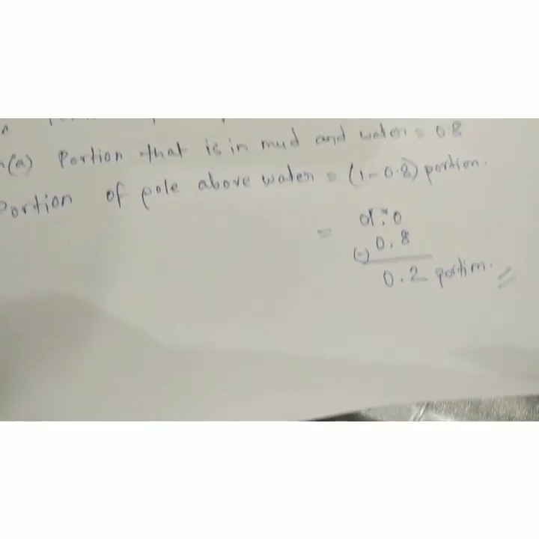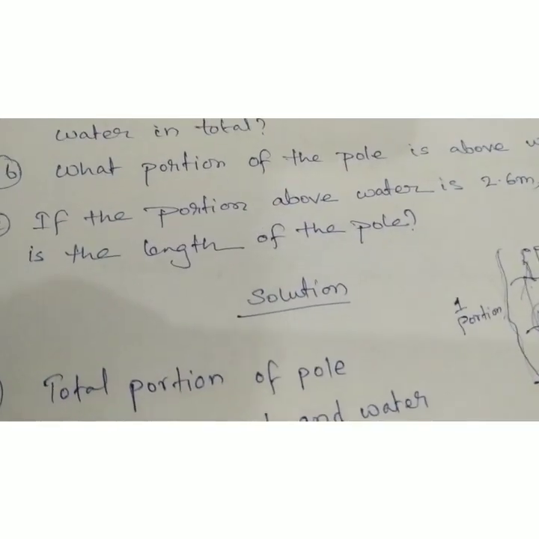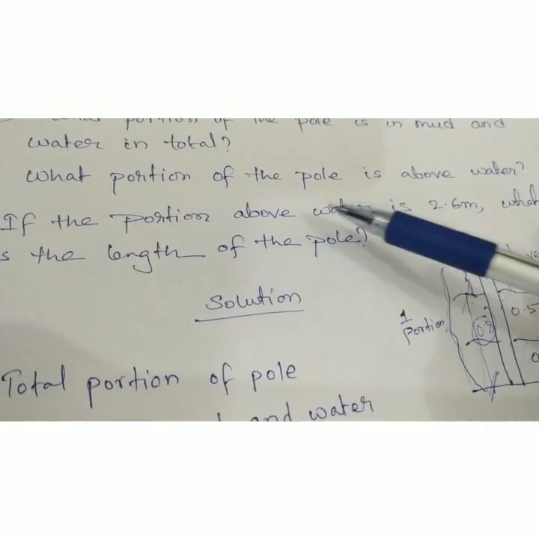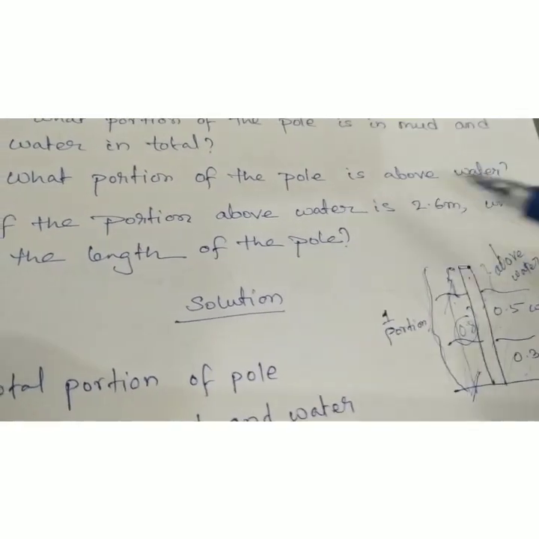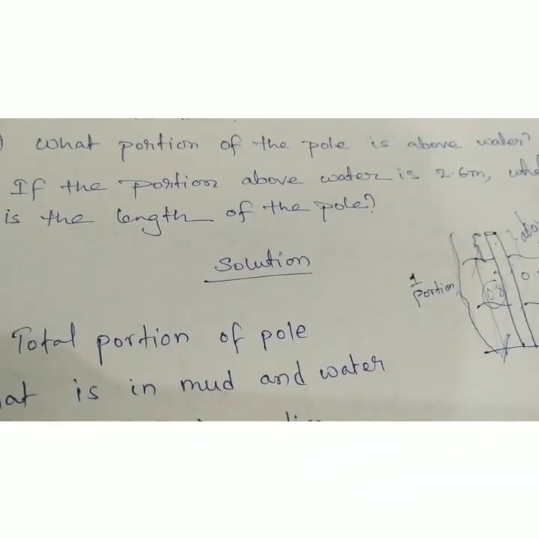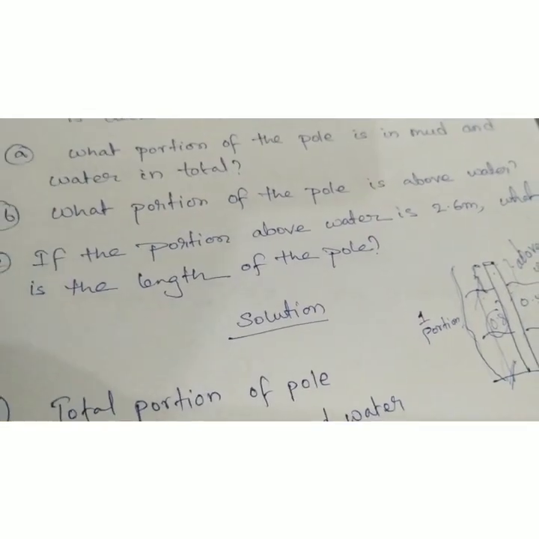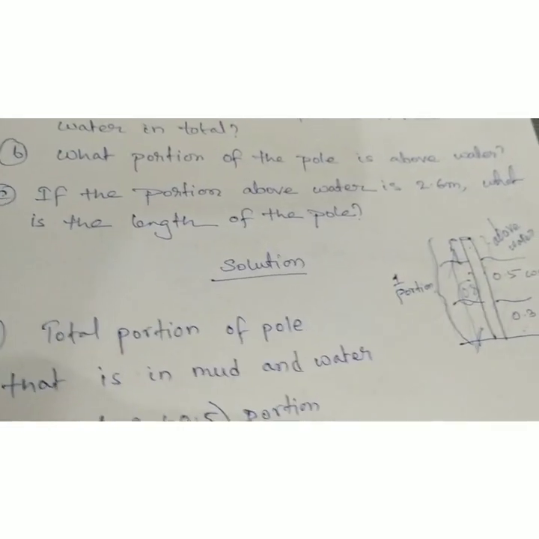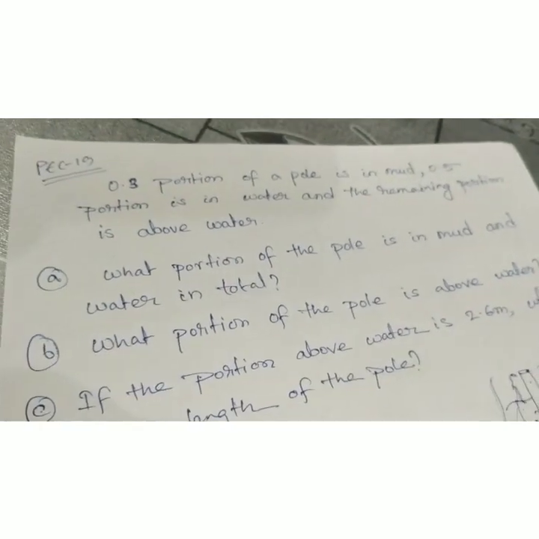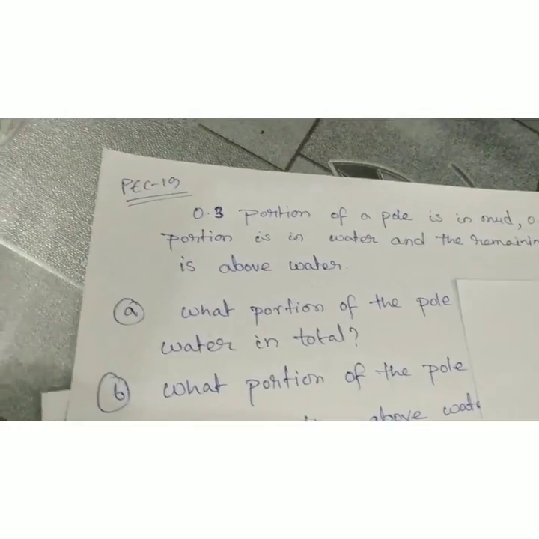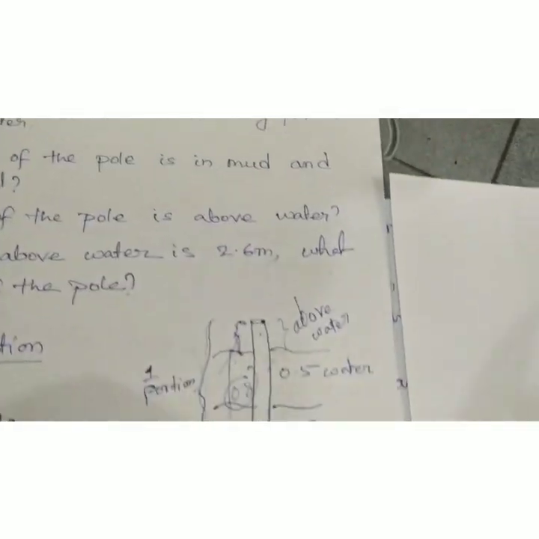Okay. Now the final question. If the portion above water is 2.6 meter, what is the length of the pole? I'll keep this question beside.